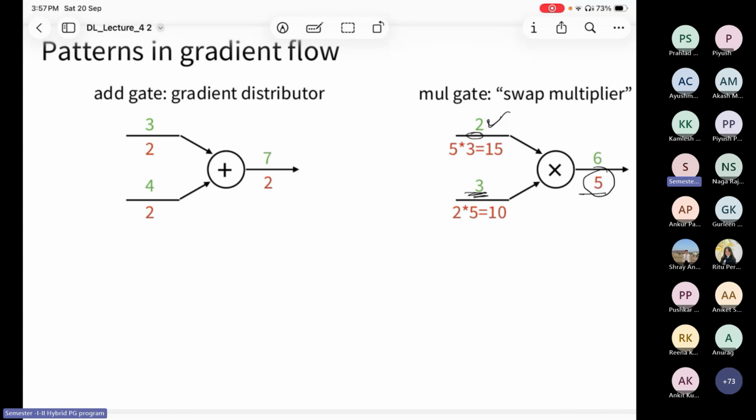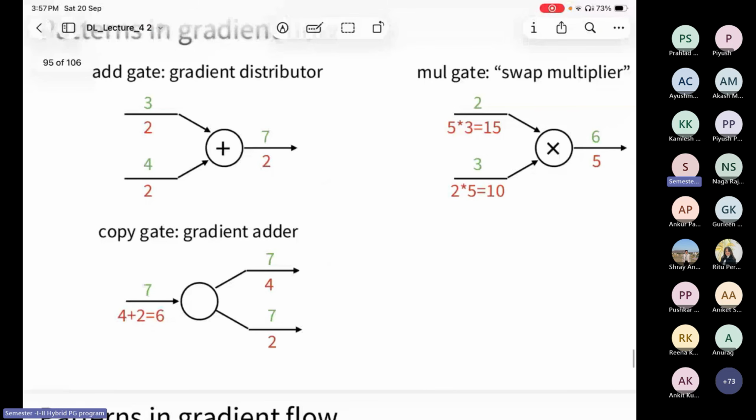So here your upstream 5 multiplied with 3 will give you 15. So this is the gradient of the final output with respect to this variable. Here the gradient of the final value with this variable will be 2 into 5. So you can see the values are getting exchanged for the local gradient, and you are multiplying that with the upstream gradient.